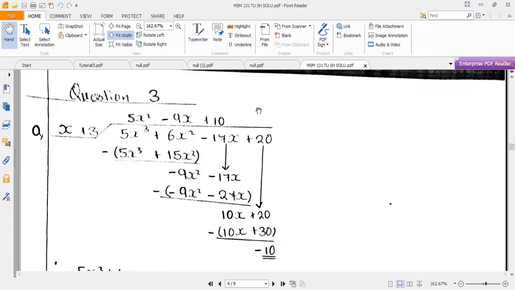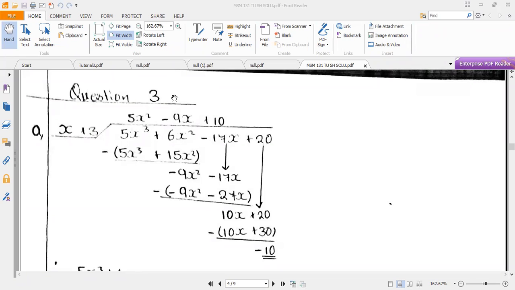It will give you 5x squared because the x will cancel one of the parts. Are we together? Yes, sir.